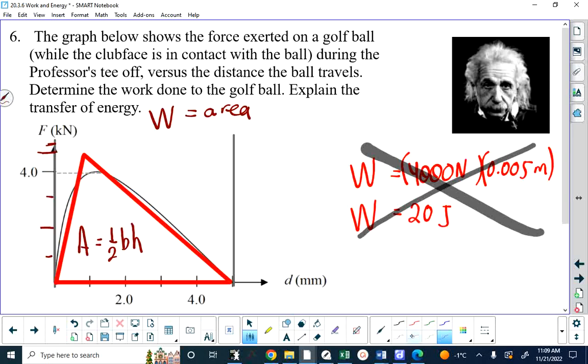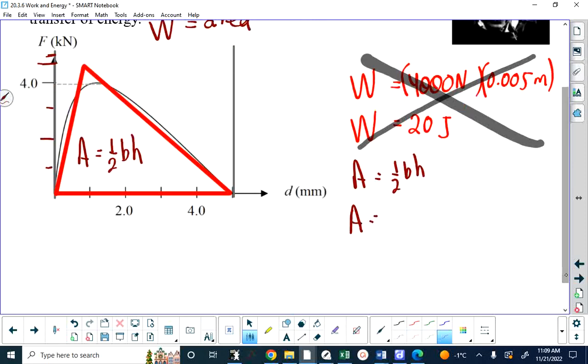So area equals 1/2 the base times the height. That means area equals 1/2. The base is 0.005 meters. The height I said was 4,600. I'm going to go 4,700 looking at it again now.